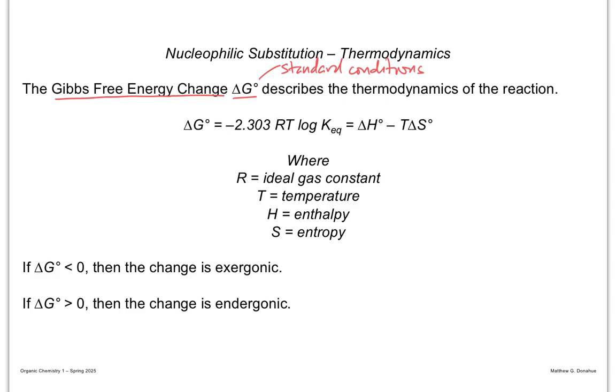Stated another way, that's equal to the change in enthalpy minus the product of the temperature times the change in entropy. So H was enthalpy, T was temperature, and then S is entropy.